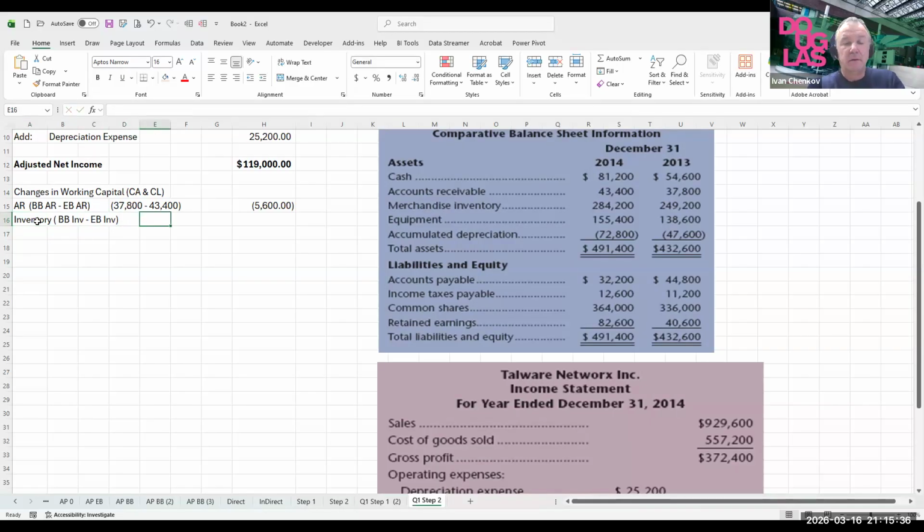In the bracket, we're going to have 249,200 minus 284,200, and that's going to give me another deduction in my cash, 35,000. What's happened? My asset inventory went up. That means I purchased more inventory. I used more cash to increase the inventory.